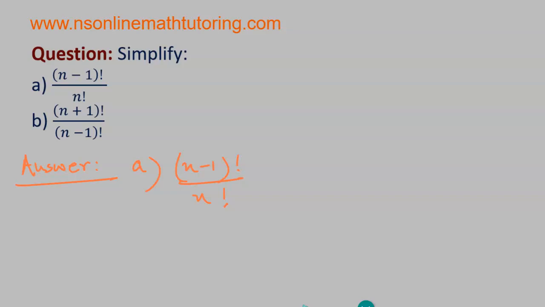So which one is the larger number between n and n-1? Obviously n is the larger number, and we have seen always we try to express the larger number in terms of the smaller number's factorial. So we will be doing exactly the same over here.